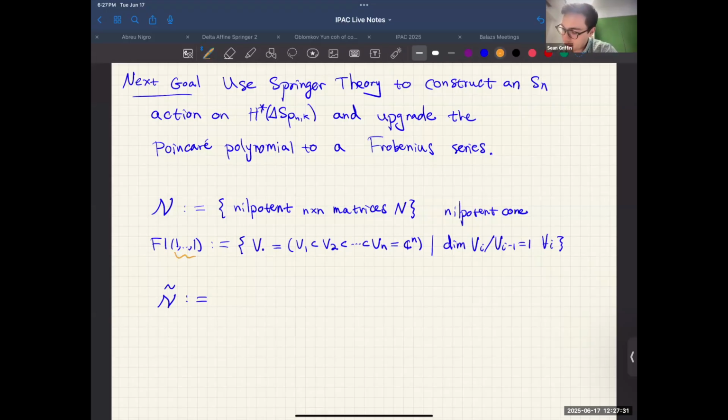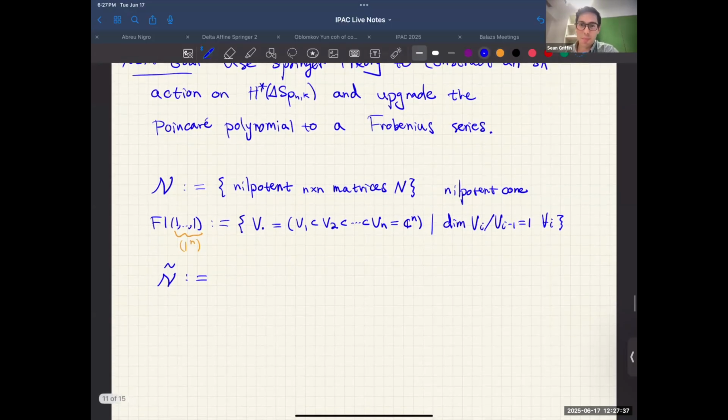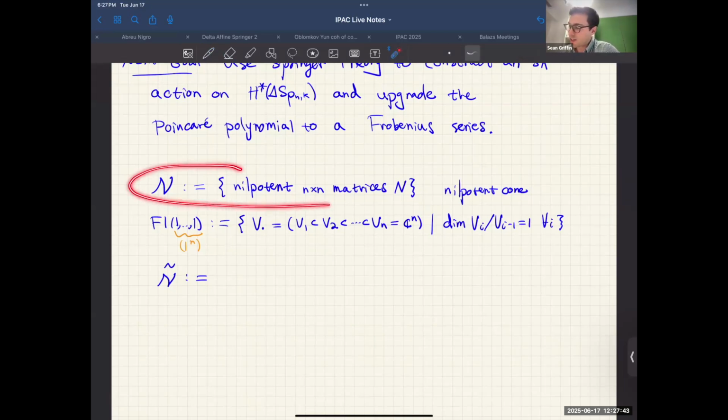And I might sometimes denote this as 1 to the n to save some space. It turns out that this is a variety because nilpotent is an algebraic condition on the entries of the matrix.